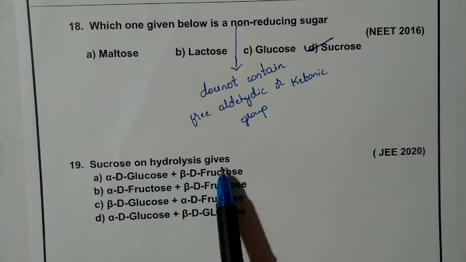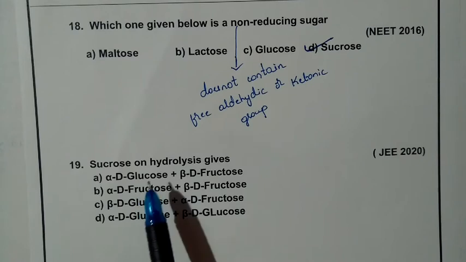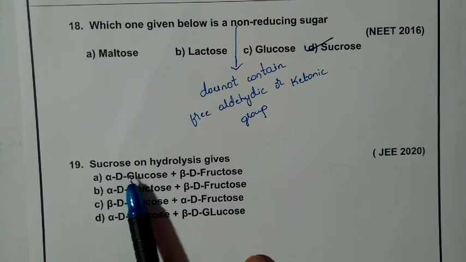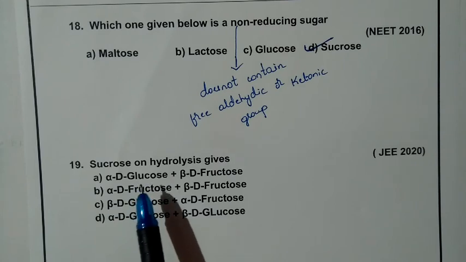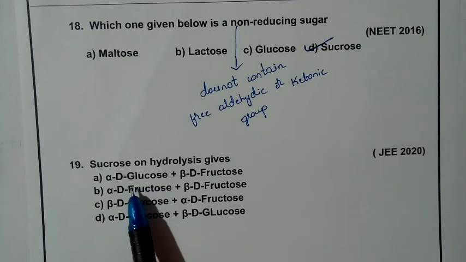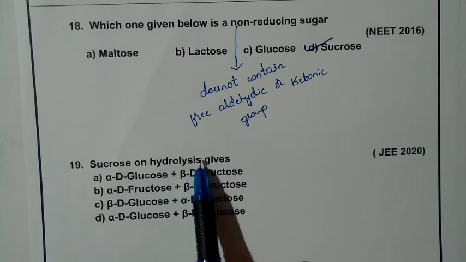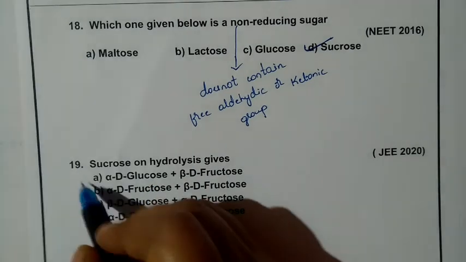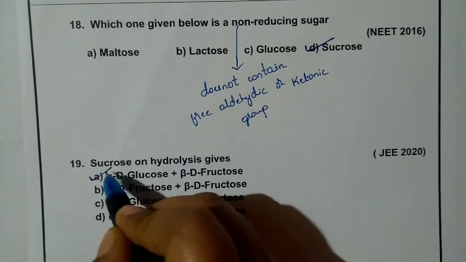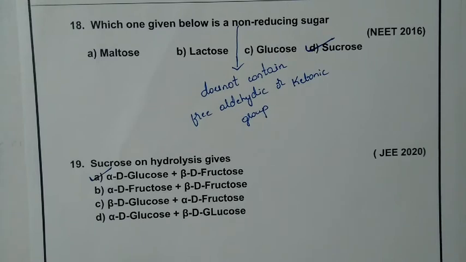Sucrose on hydrolysis gives... when you hydrolyze sucrose, this reaction we have already studied, while studying the preparation of glucose as well as the preparation of fructose. Sucrose on hydrolysis gives alpha D glucose and beta D fructose. That is the correct answer.